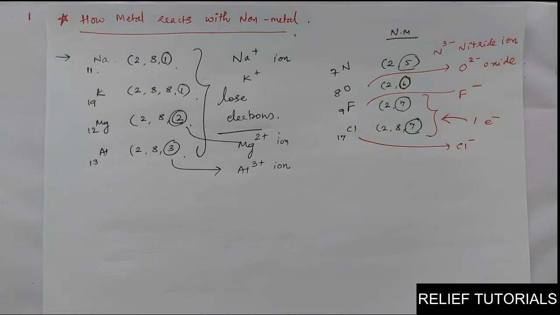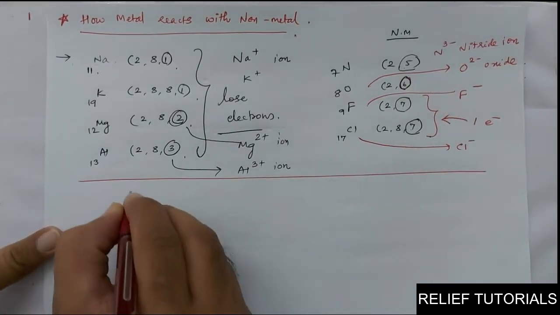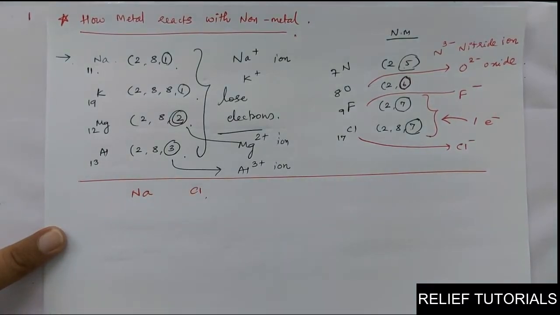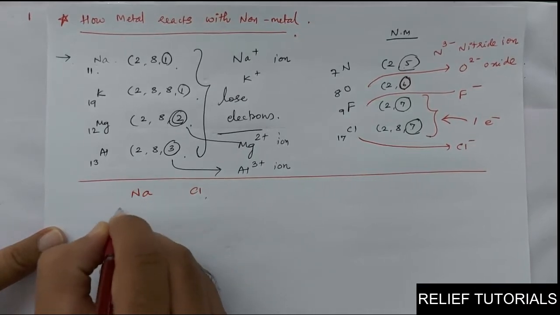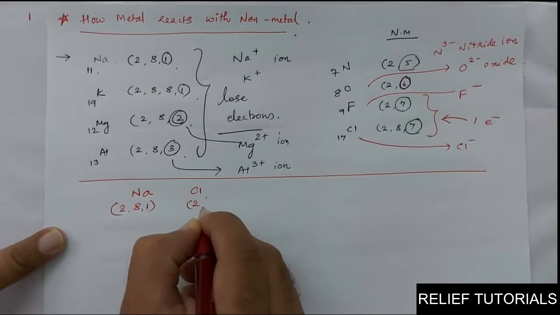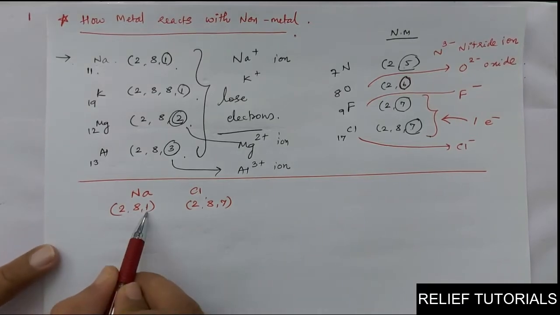If you think of a simple example, consider we take two, one is sodium and another one is chlorine. Sodium having atomic number 11, so its configuration is 2,8,1, and chlorine's configuration is 2,8,7, atomic number 17. By observing the electronic configuration, it is very clear that sodium has a tendency to lose this one electron.